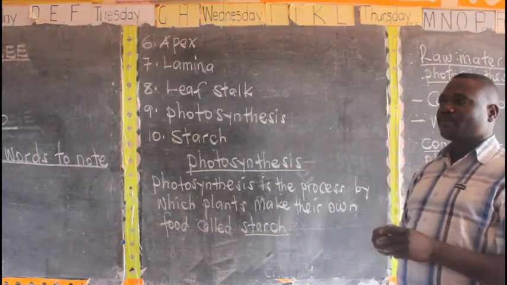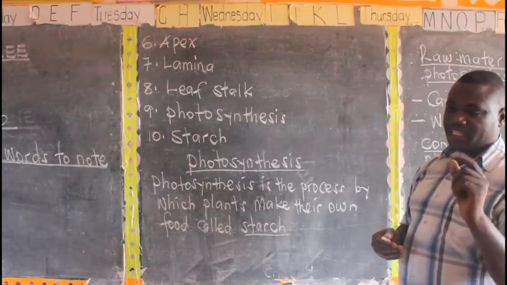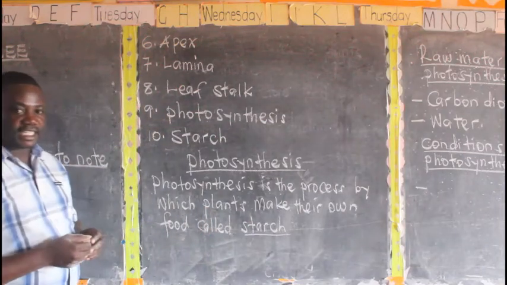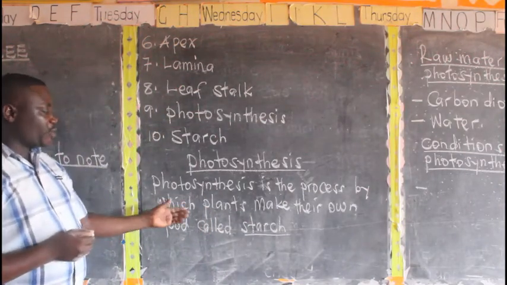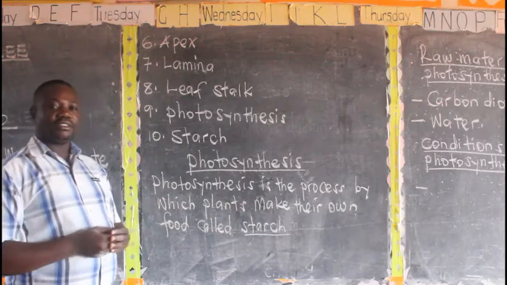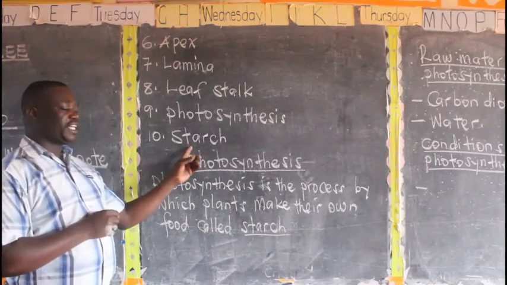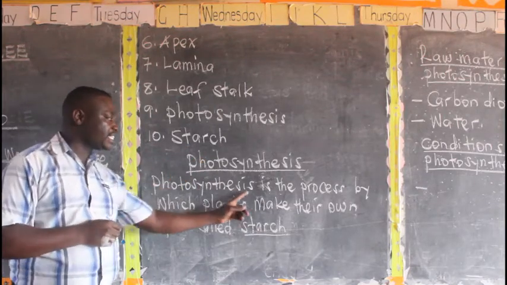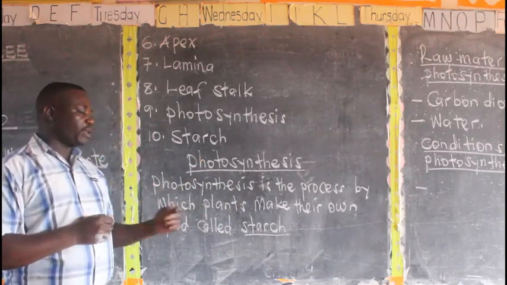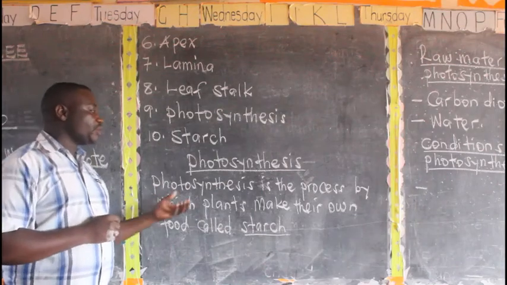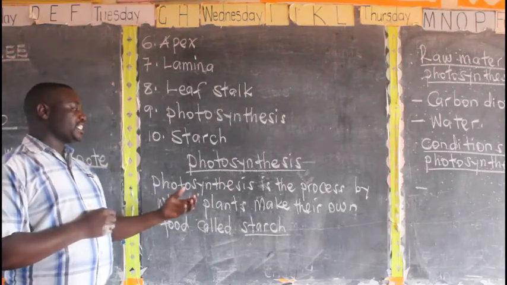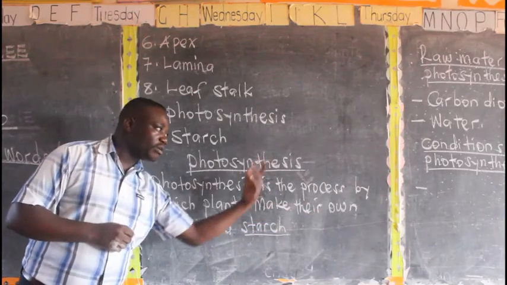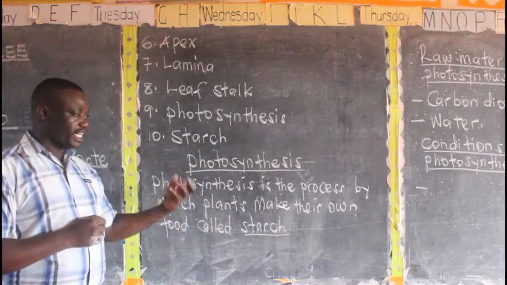Photosynthesis. Very good. So photosynthesis is the process by which plants make their own food. And that food we call it starch. Some people say by which green plants, but not necessarily only green plants can make food; all plants are able to make their own food.